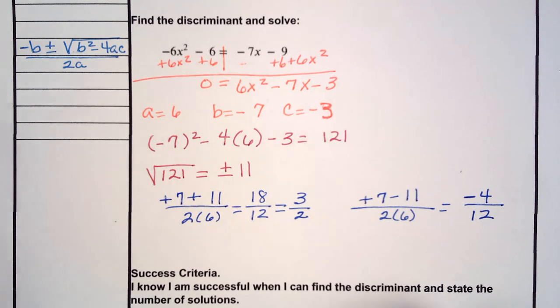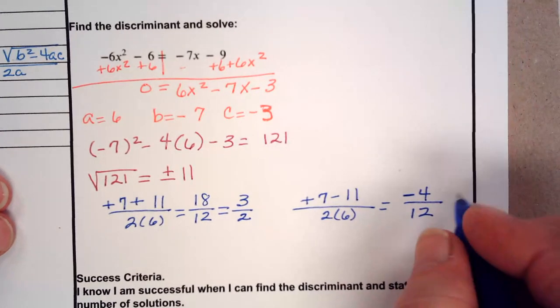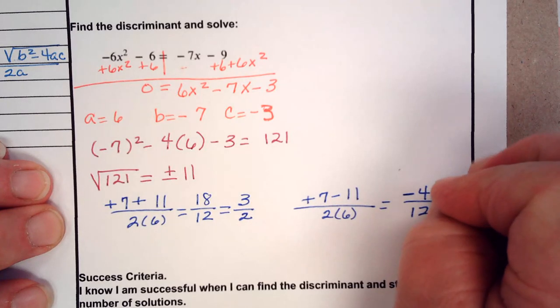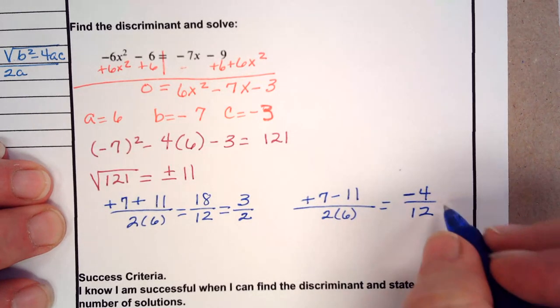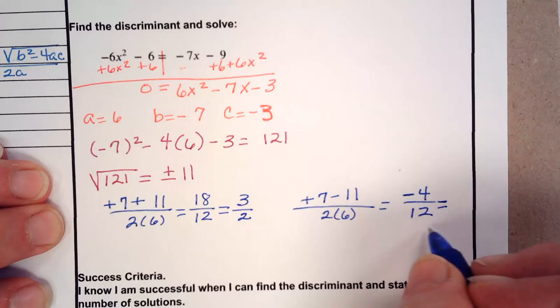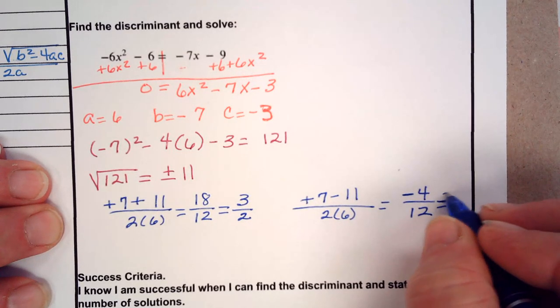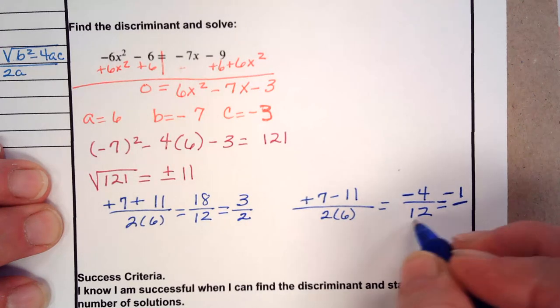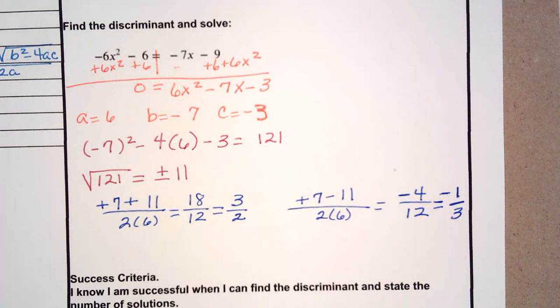Now we have to simplify. 4 goes evenly into 4 and into 12. So 4 divided by 4 is 1. 12 divided by 4 is 3. We have found our two solutions. They're rational numbers because they are fractions.